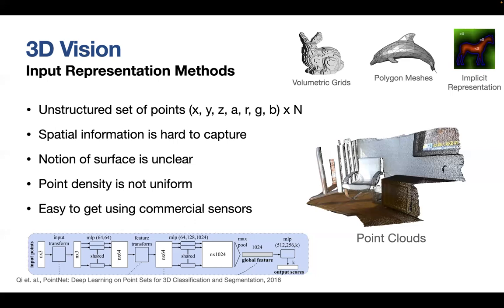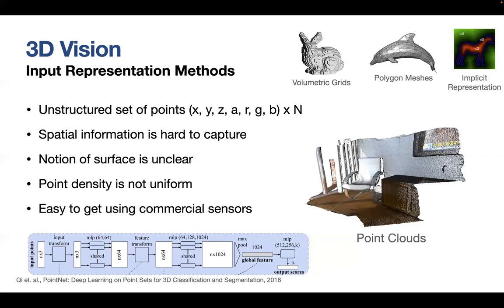However, it's very challenging in point clouds because we don't know what the neighboring objects are. It's just a long list of points. So for neighbor retrieval, we need to do some nearest neighbor search, which is significantly costlier than doing these operations in images. Also, the notion of surface is unclear.